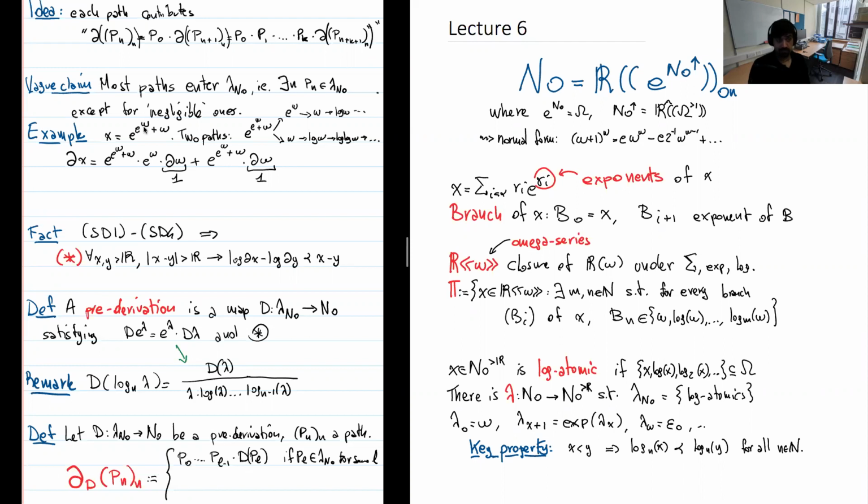Why this? Because I remind you, the idea was that the contribution of each path should be something like this: the product of the terms in the path all the way up to some value that I need to fix. Now that I have the logatomics, I decide the values on the logatomics, and I can use it to give meaning to this value here. And then I define this to be 0 if there is no such L.